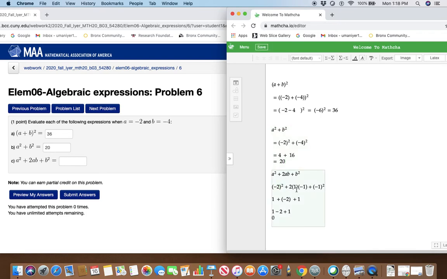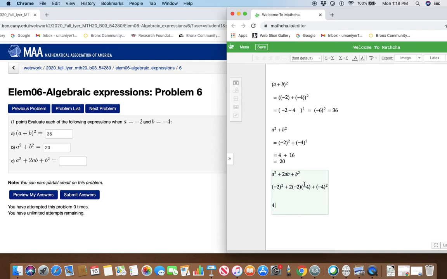Let me erase these previous solutions first. All right, a squared plus 2ab plus b squared. So a parenthesis for each variable. A variable is negative 2. B variable is negative 4. Negative squared is positive. 2 squared is 4.